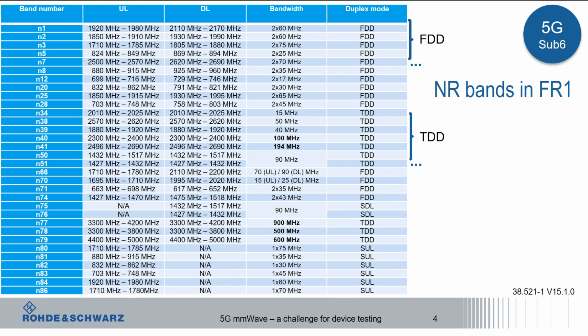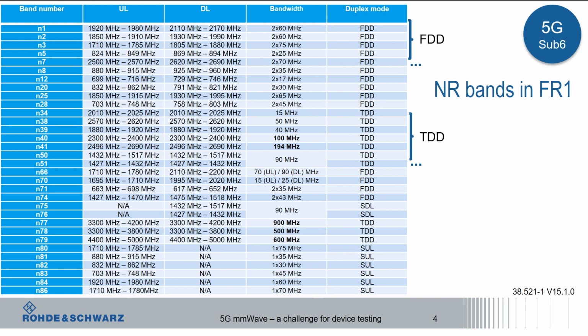The interesting part of this table is the bandwidth column: the majority of these bands are fairly small, below 70 megahertz. And a lot of those bands are reused from what was specified in LTE.